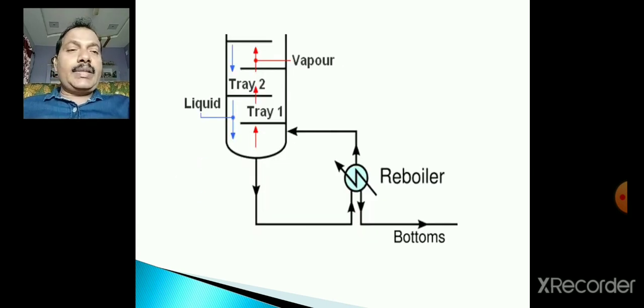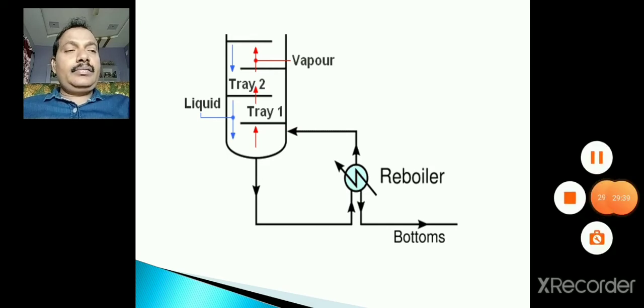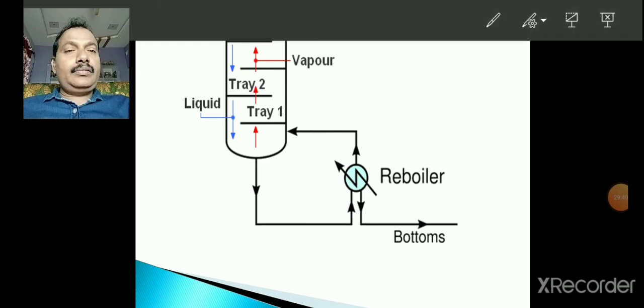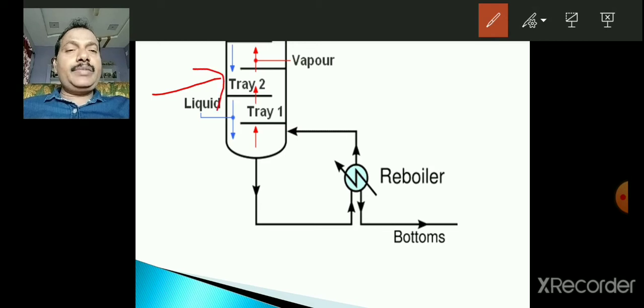You see, these are the bottoms. That means the products are named as bottoms. And observe here the feed fluid which is input into the distillation column, it is flowing down.